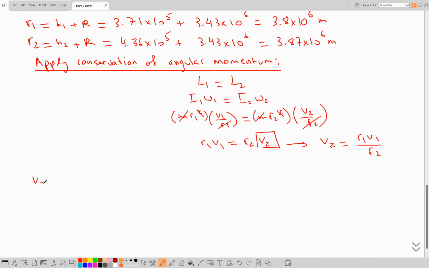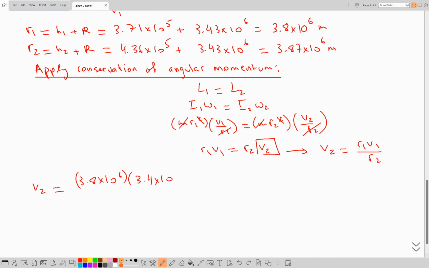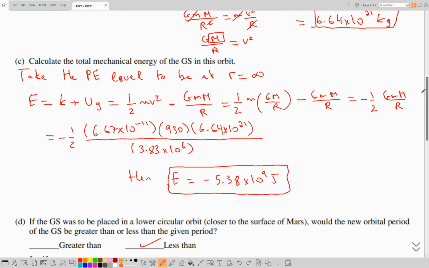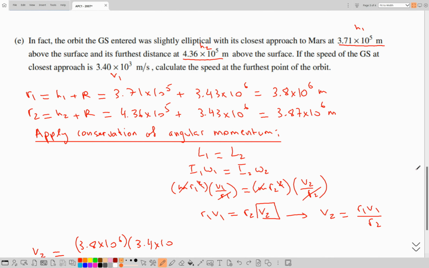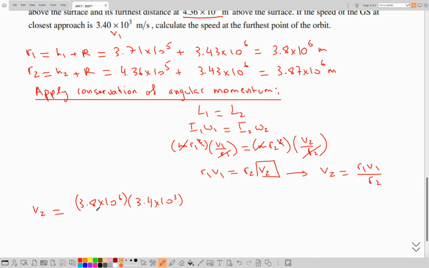Therefore v2 is r1, that is given by 3.8 times 10 to the power 6, multiplied by v1, which is, let me double check, from the exercise itself, 3.4 times 10 to the power 3, divided by 3.87 times 10 to the power 6.